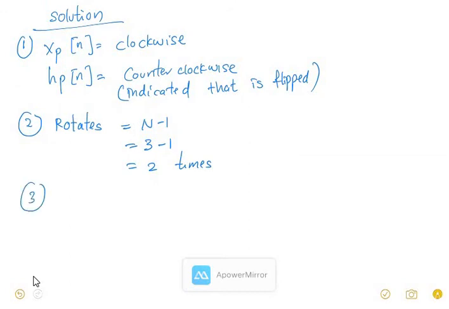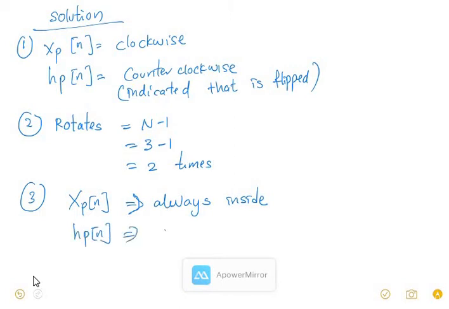Where is the position of xp(n) and hp(n)? xp(n) is always inside, and then hp(n) is always outside.